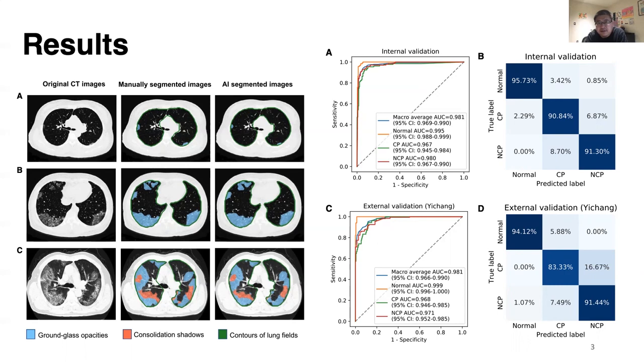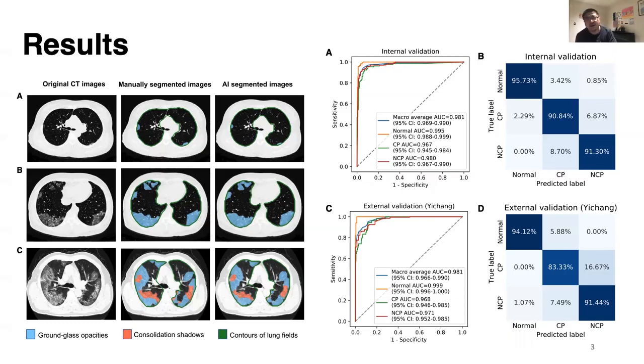And row B is a CT slice with intermediate COVID-19 lesions, bilateral and predominantly peripheral lesions of ground glass opacities. And row C is a CT slice with severe COVID-19 lesions, bilateral and peripheral mixed lesions of ground glass opacities and consolidation shadows.